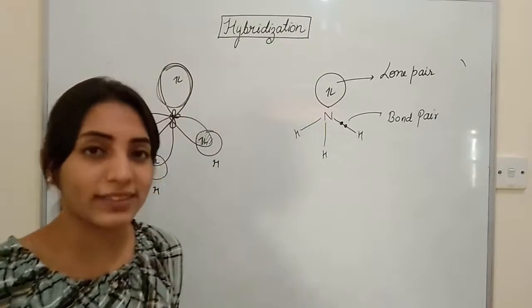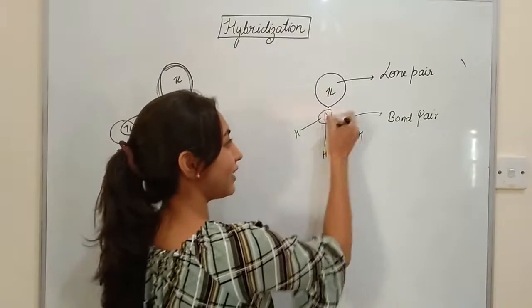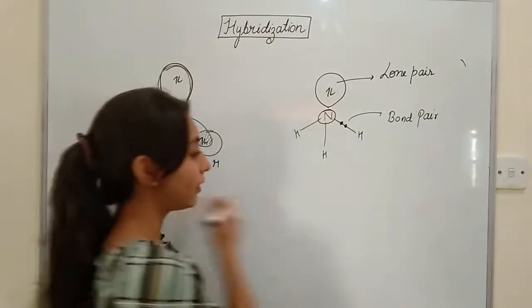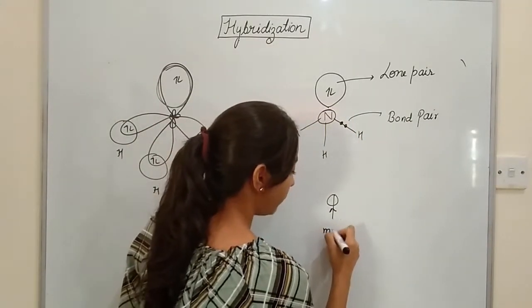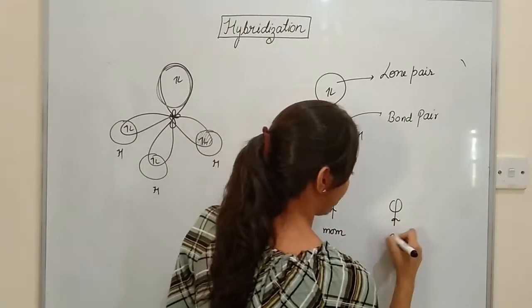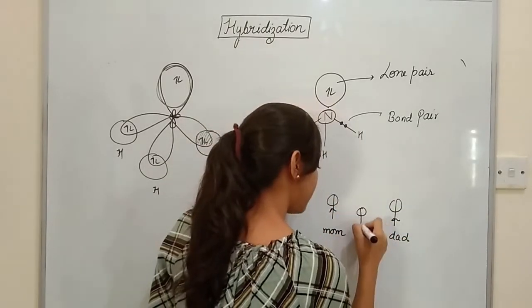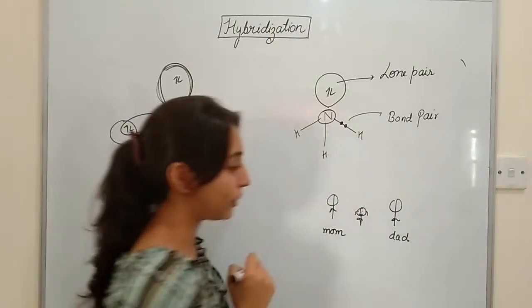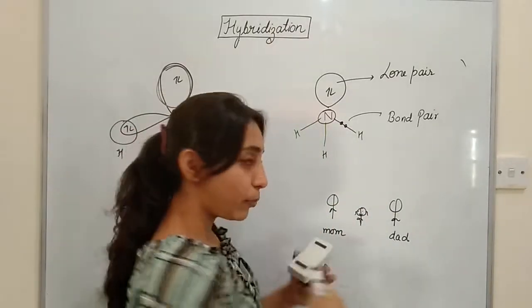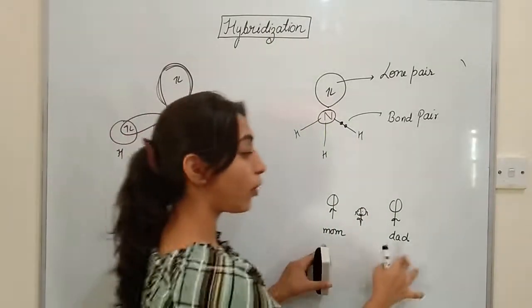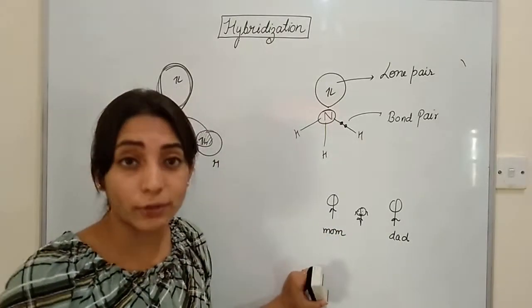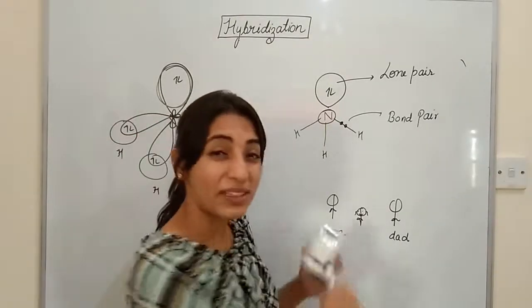Now let's try to understand one example. Let me tell you one situation. Let's say this is my mom and this is my dad and this is me. I'm very cute, okay? So suppose I feel like eating pizza and my mom and dad, both of them are at my home. I say, Papa, please can you order pizza?